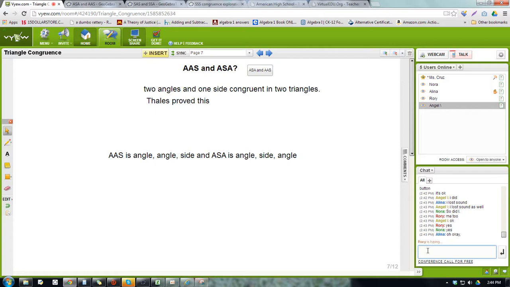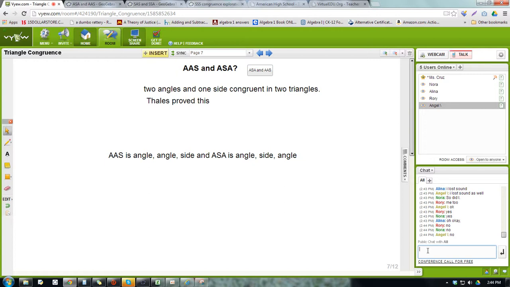Was anybody able to find two triangles that were not congruent? No. Okay, good. You showed it. There aren't. If you have two angles and one side that are congruent, the triangles will always be congruent no matter what the order is.